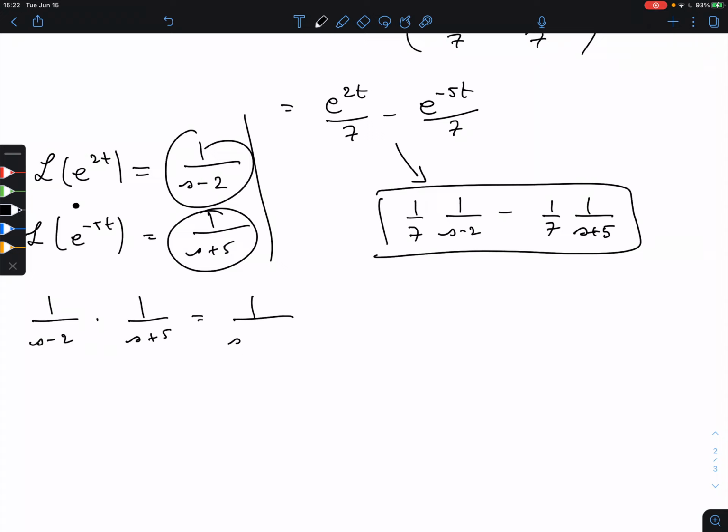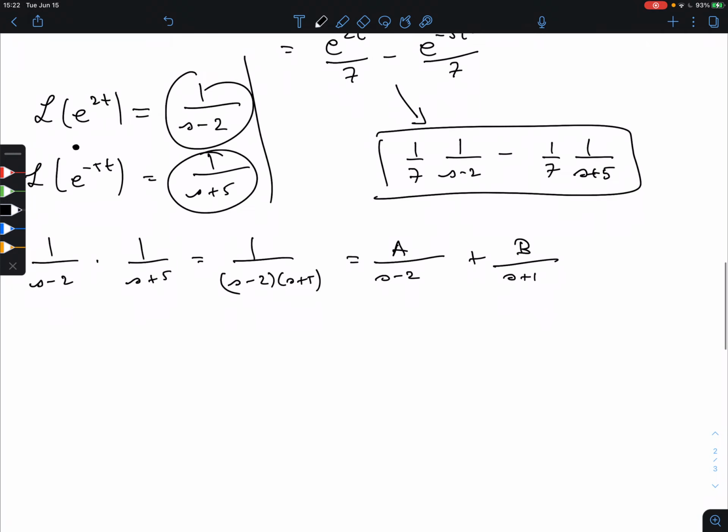Okay, that's a partial fraction. We know we can write it as a over s minus 2 plus b over s plus 5, and Heaviside tells us very quickly how to do that. For a, we scratch out the factor s minus 2 and plug in s equals 2. So a is 1/7. And what is b?